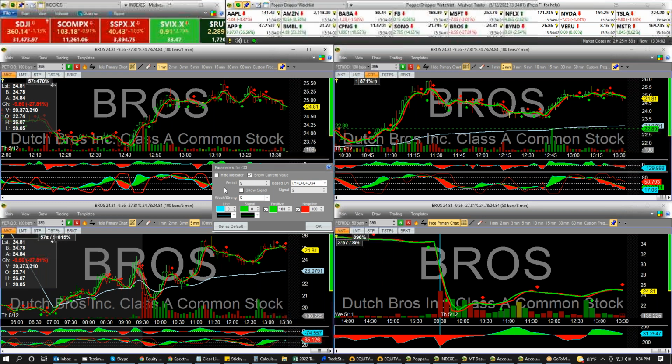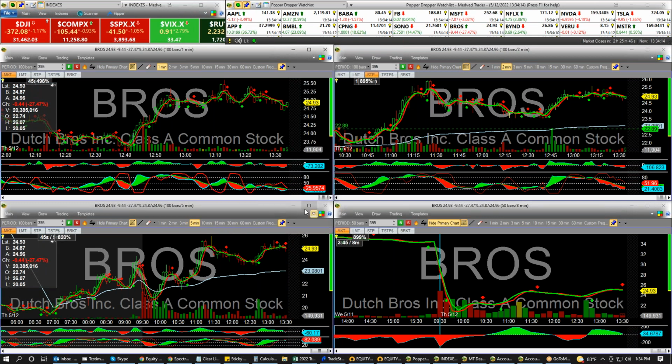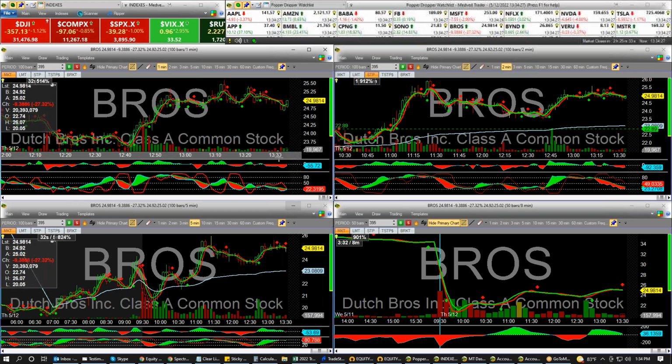CCI is a momentum, overbought oversold indicator. So the way I have it is, as stocks start to become overbought, they move into the green. When they start to become oversold or some more selling momentum comes in, they move into the red.